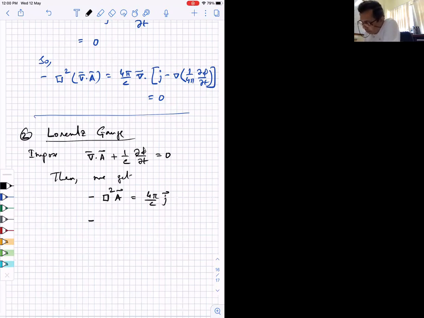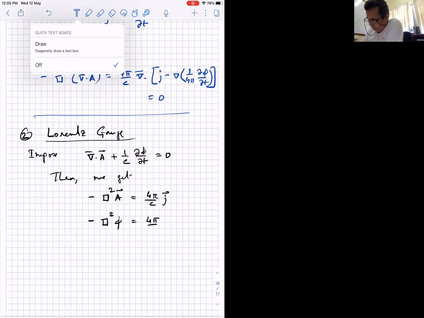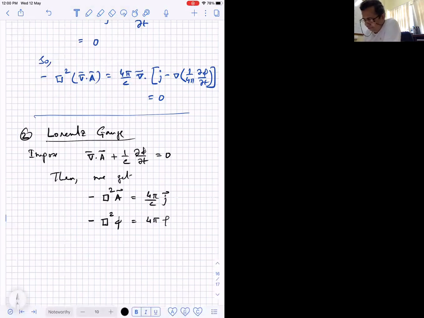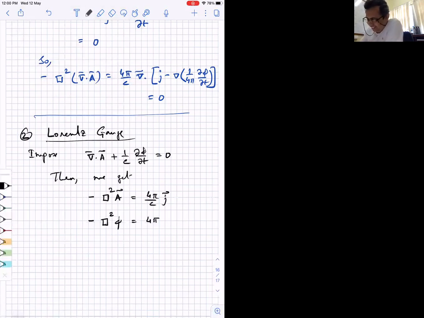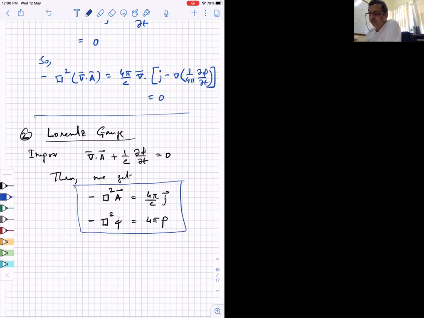And the other equation is now the Laplacian of phi, which is 4 pi, there's no C over here, 4 pi rho. So these are two very simple symmetric equations.